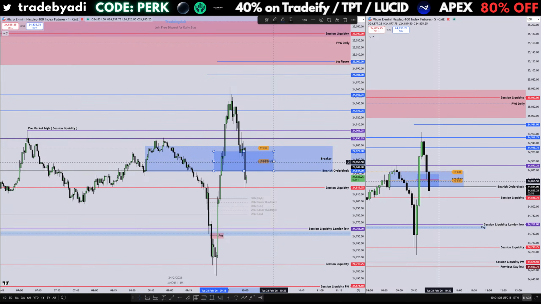That's why I always check how the price is going to react once we tap to the key level, because we are trading in a range.